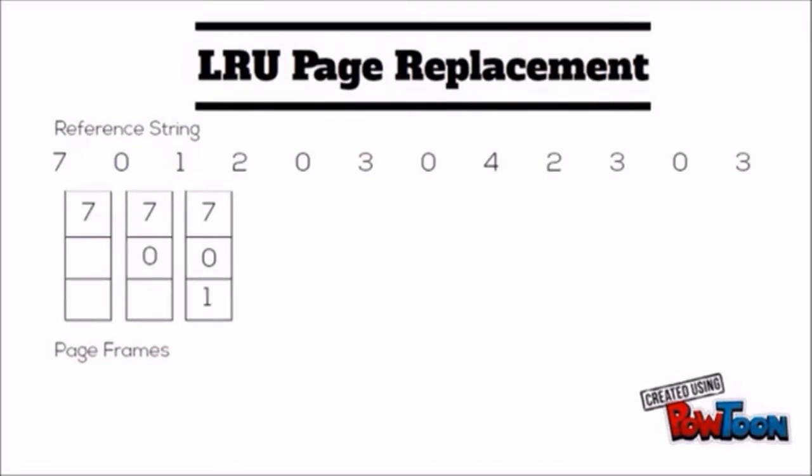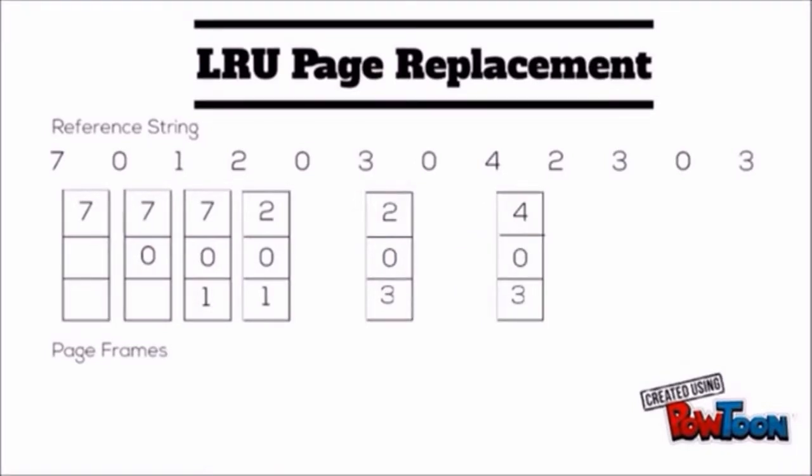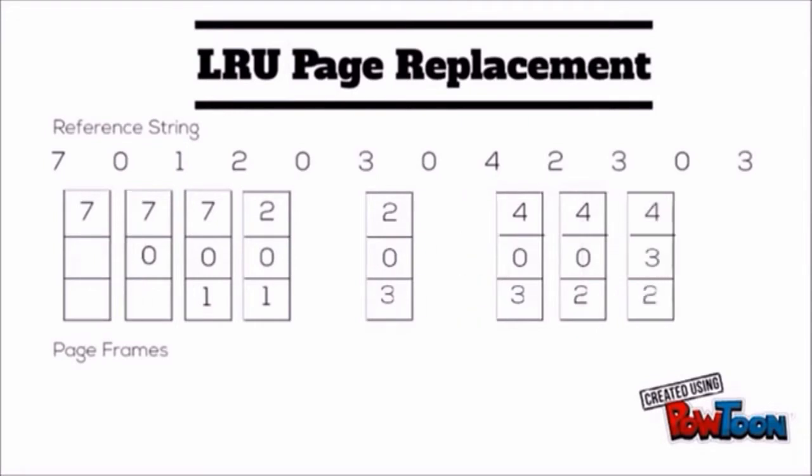Now we have to load 2. 1 and 0 have been recently used, so we load 2 at frame 1. 0 has been loaded. 3 we have to load at frame 3, because 2 and 0 are recently used. 0 has been loaded. 4 we have to load at frame 1, because 0 and 3 are recently used, and we complete the page faults using LRU.